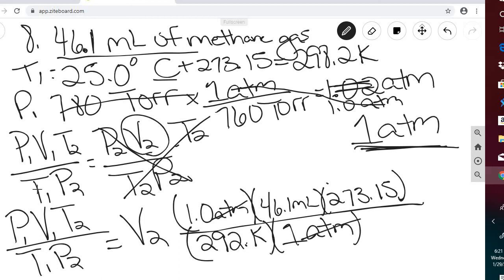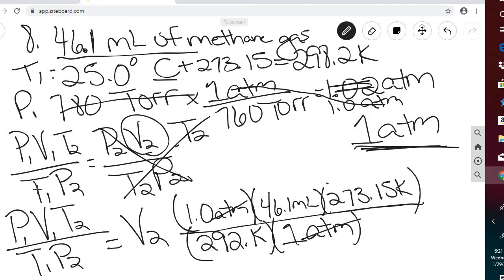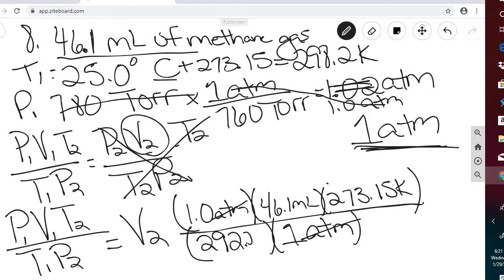I got to write K in here for this temperature, so we have a K on top, 298.2 K. So atmospheres cancel, the K's cancel, you're left with milliliters, so your volume will be in milliliters.